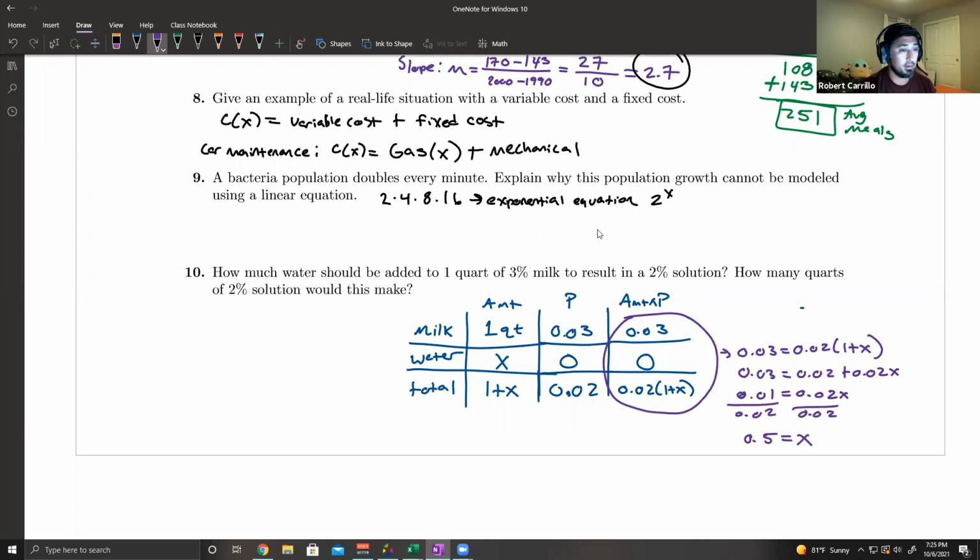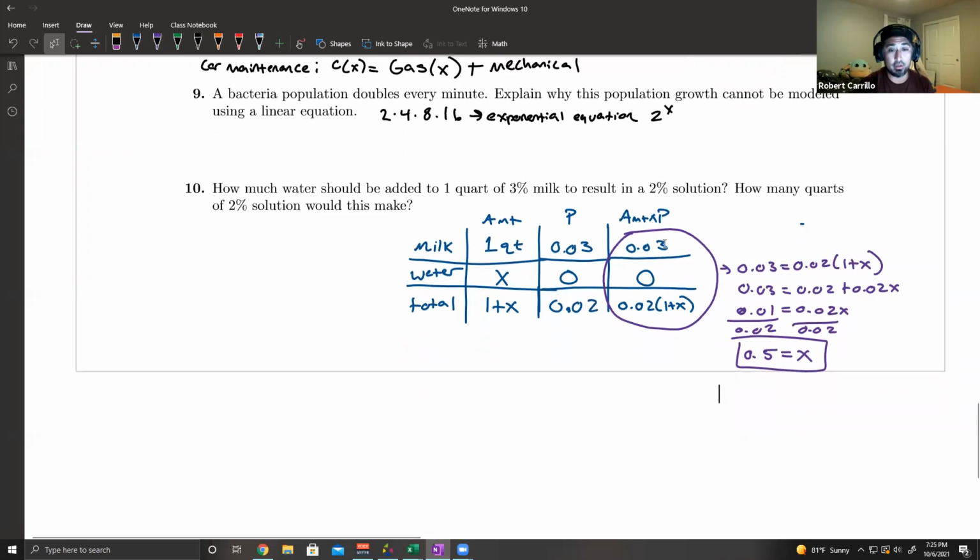Okay. So we would need to add half a quart of water in order to make the 2% solution. And you would make 1.5 total quarts of solution.